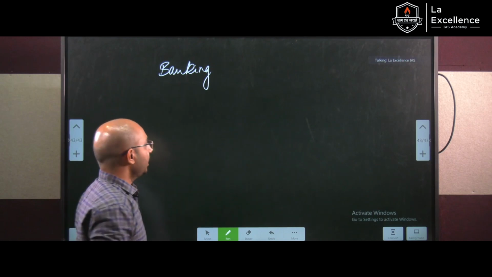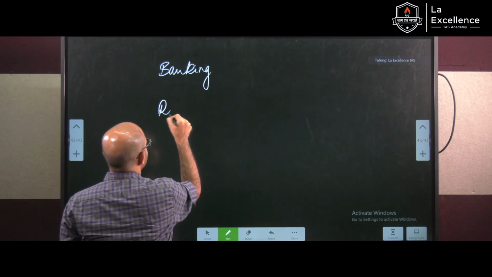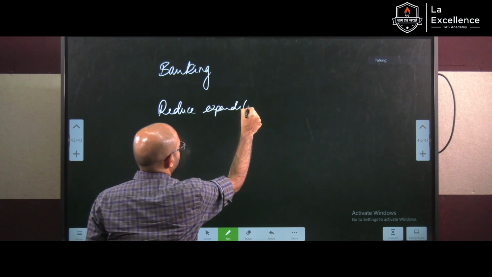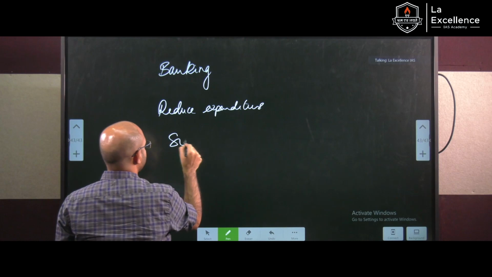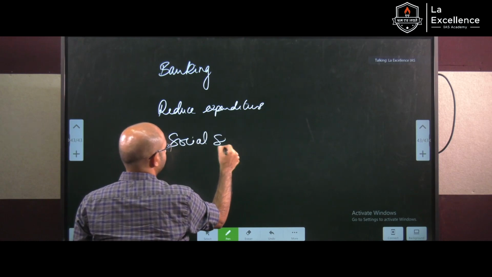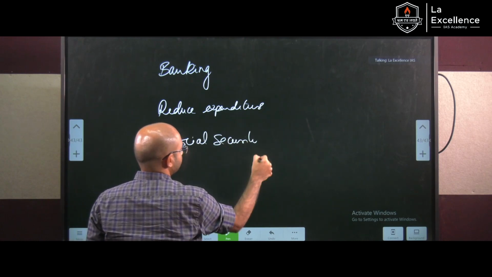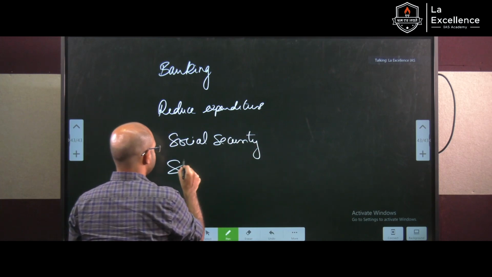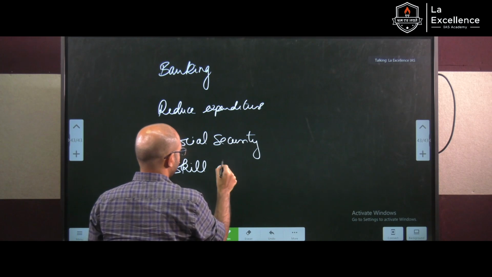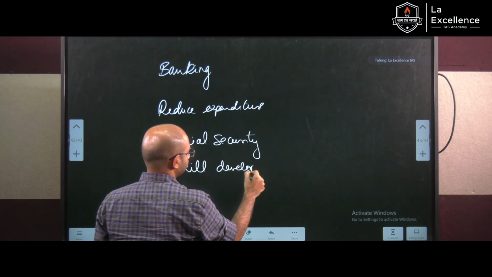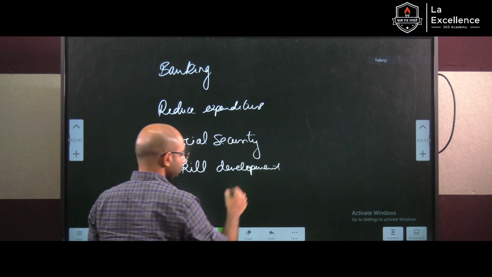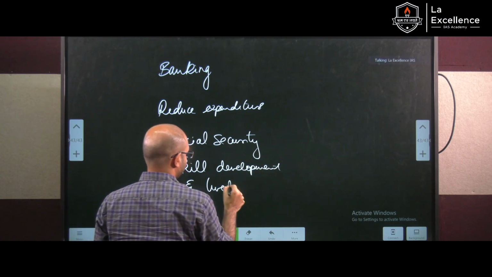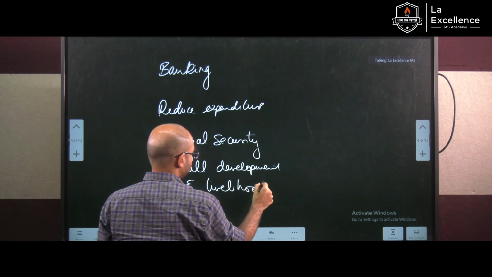And discuss all of that, and reduce expenditure, training in this, and also provide social security measure like health insurance, life insurance, pension. So provide social security. And the larger problem can be addressed through skill development and providing them good livelihood sources so that they don't have to enter into debt trap.